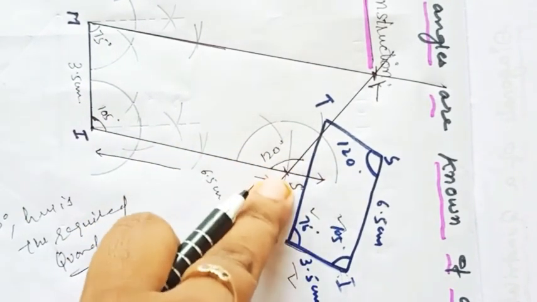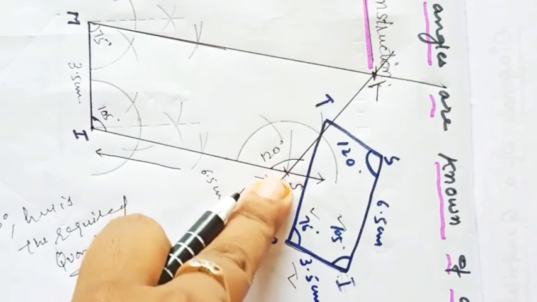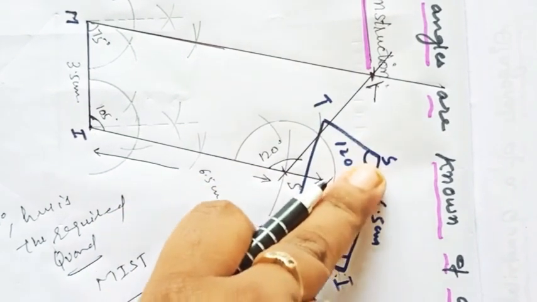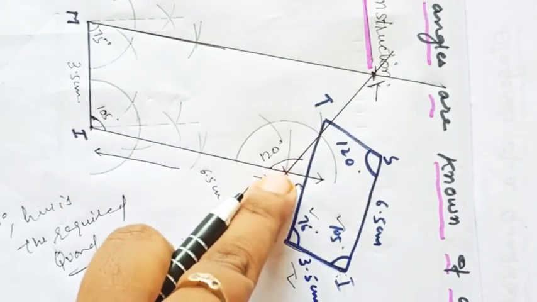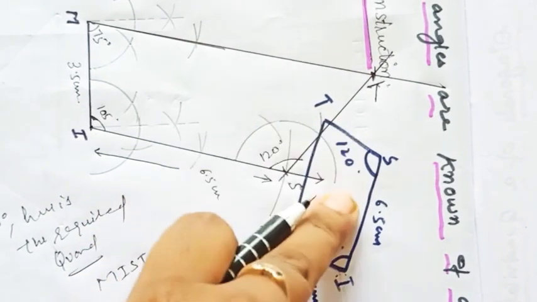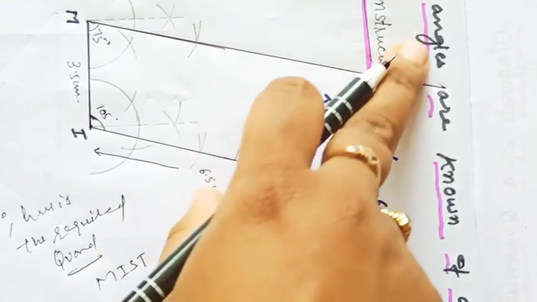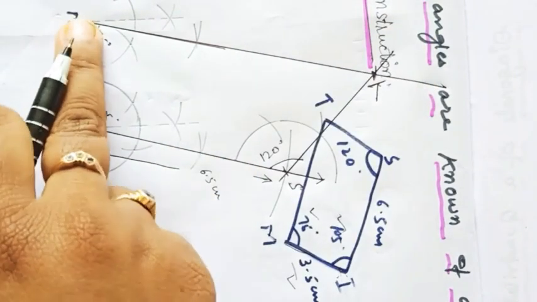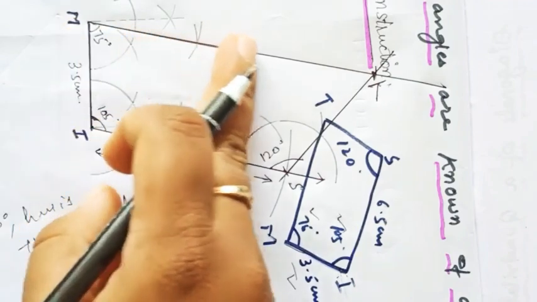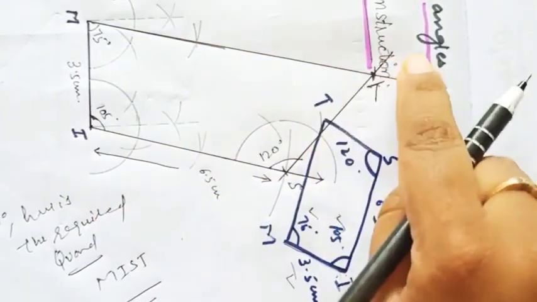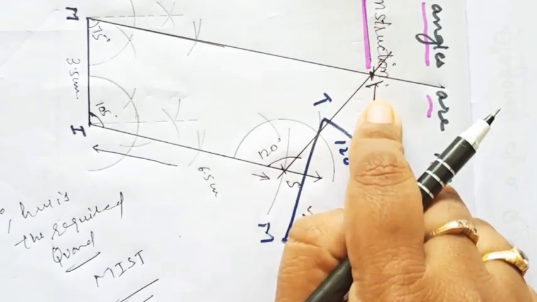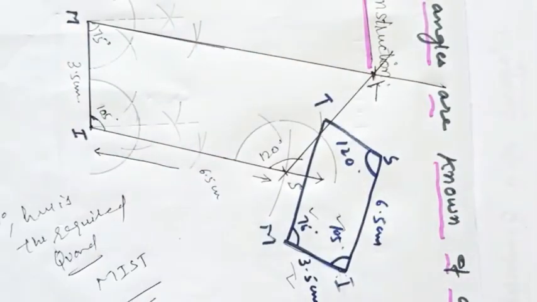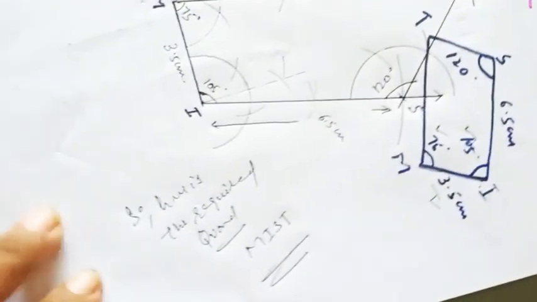Afterwards from this point S, as I could see from the rough diagram, I have to draw a 120 degree angle. So I have drawn a 120 degree angle here. And I have extended this 75 degree line so that it intersects at this point. This point is my point T. So it is the required quadrilateral with the above condition.